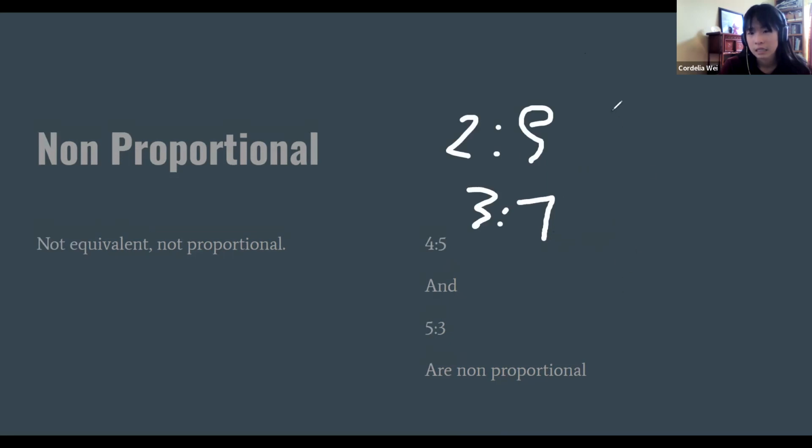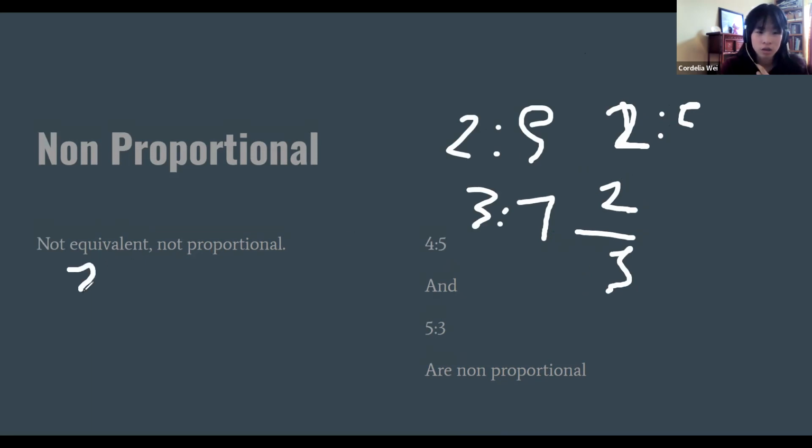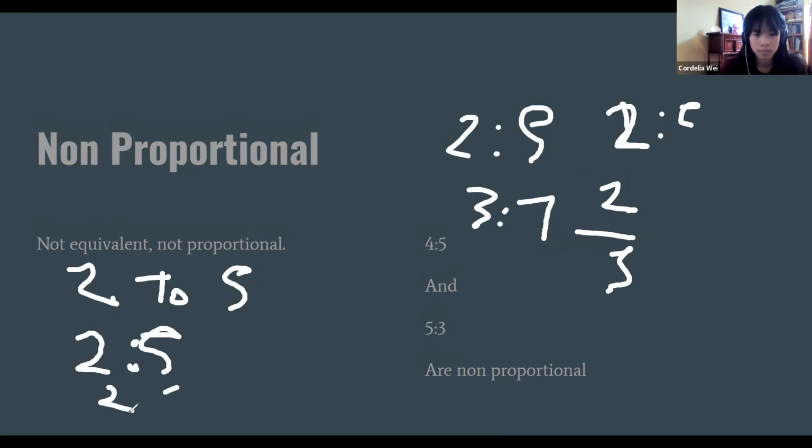Okay, let's see. So basically this is where cross products come in handy. For 2 over 5, there are 3 ways to write out the ratio. You can write 2 to 5, then you can write 2 colon 5, or you could do the fraction, 2 over 5.